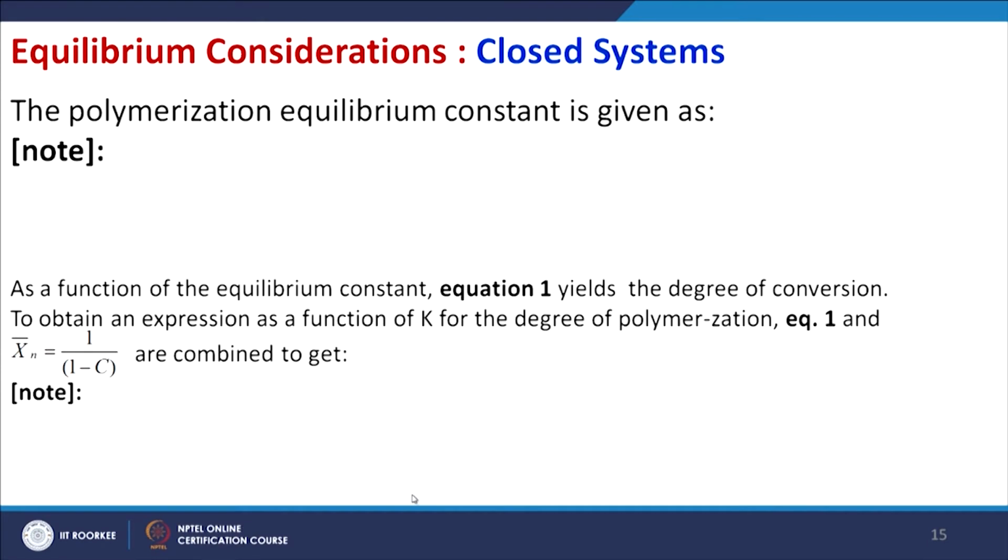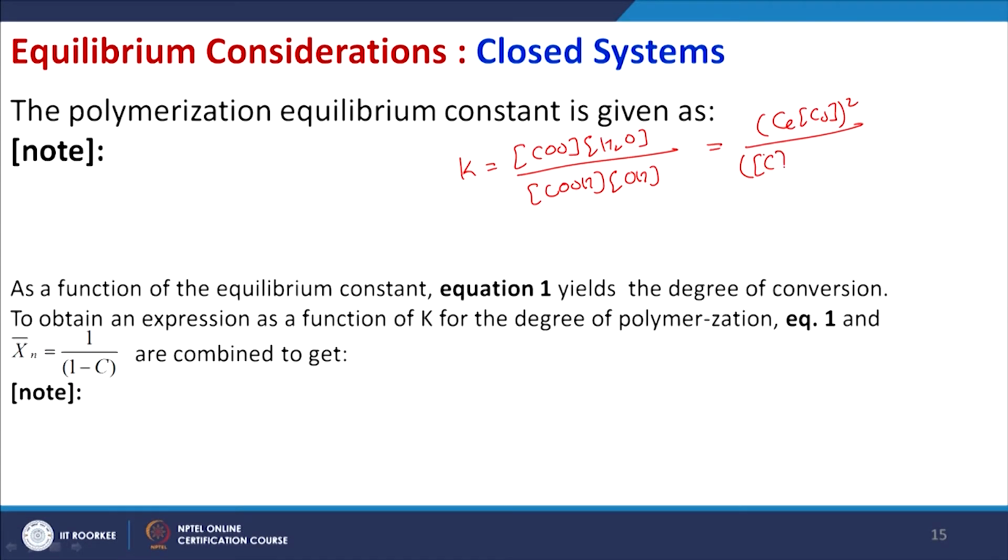The polymerization equilibrium constant is given as K is equal to the concentration of H2O upon the concentration of C at time t equal to 0, and then C naught square.